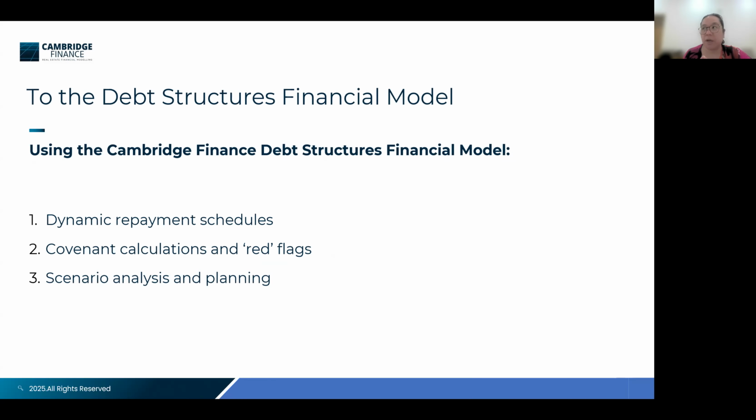And then when we go through the courses, we build a financial model, and this is what I want to show you now as well: how to build these financial models to look at dynamic repayment schedules, calculation of the covenants, and look at the red flags, and then scenario analysis and planning.